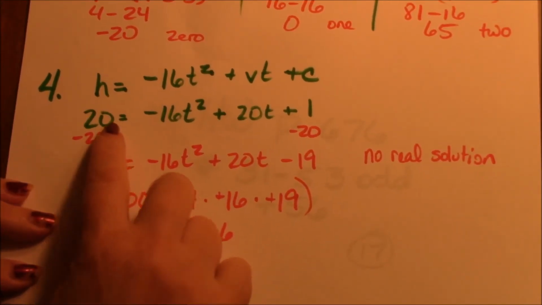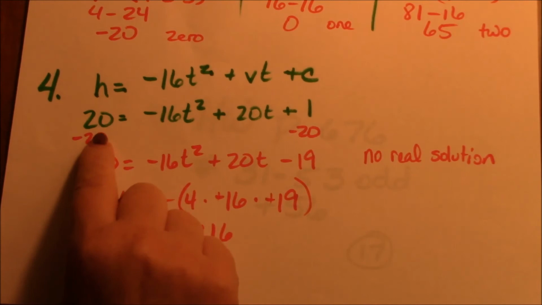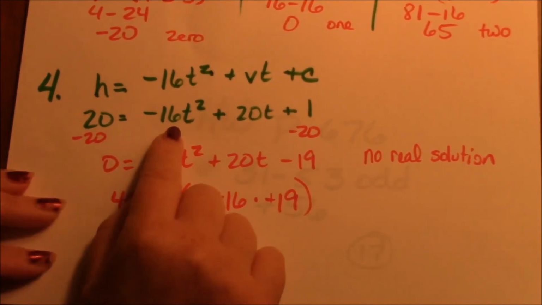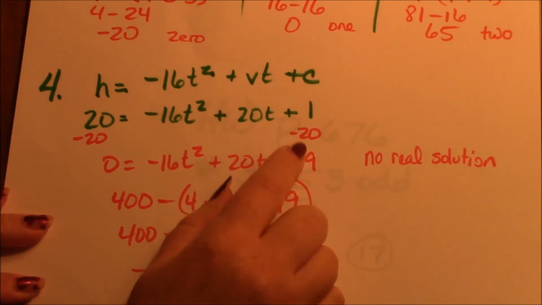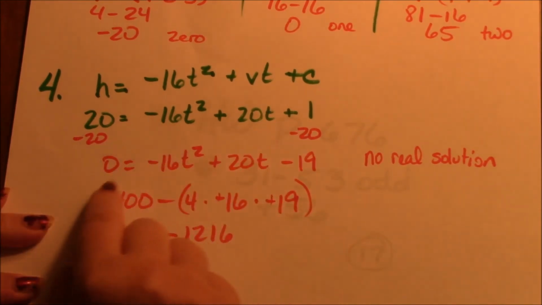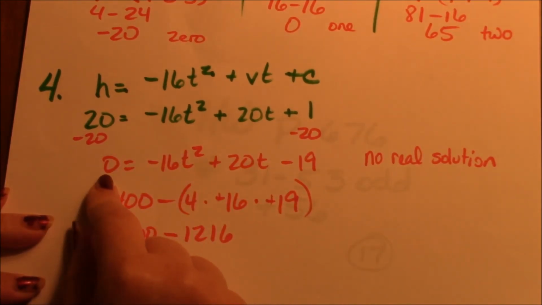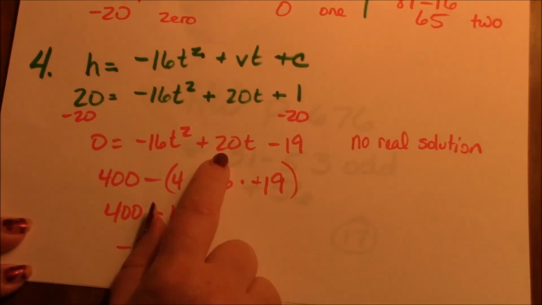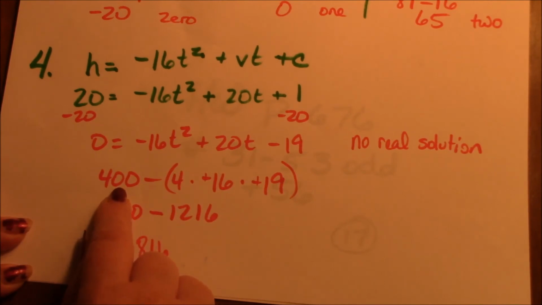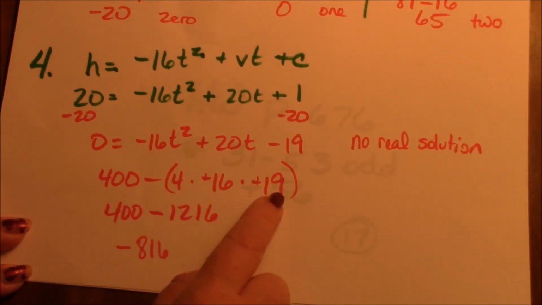So for number 4, we have 20 equals negative 16t squared plus 20t plus 1, and we want to subtract 20 from each side so that we have 0 equals on one end, and that gives us a negative 19 here. 20 squared, b squared, minus 4 times a times c.